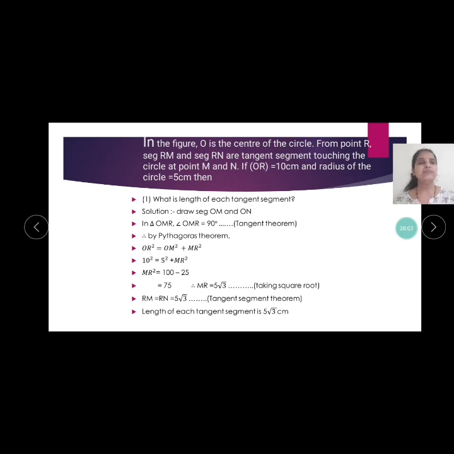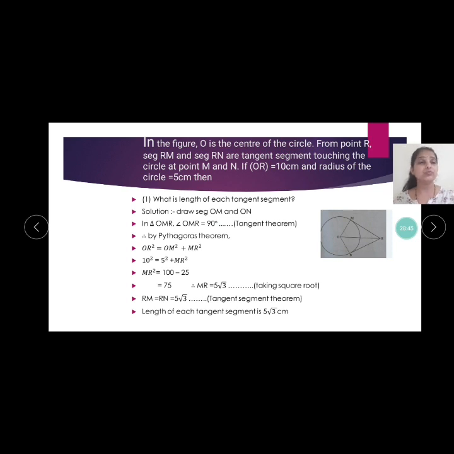Next problem. In the figure, O is the center of the circle. Segment RM and segment RN are tangent segments touching the circle at points M and N respectively. If OR is 10 centimeter and the radius of the circle is 5 centimeter, find the length of the tangent segment.